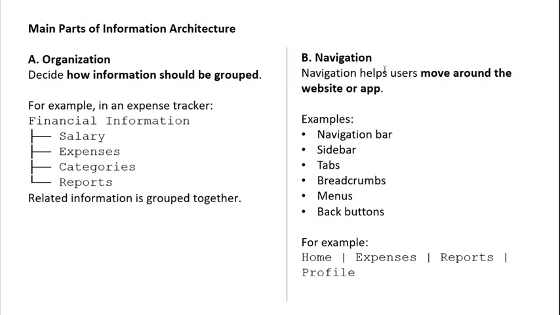Second is navigation, which helps the user move around the website or application. Examples are the navigation bar, sidebar, steps, breadcrumbs, menus and buttons, like home, expense, report and profile menu.